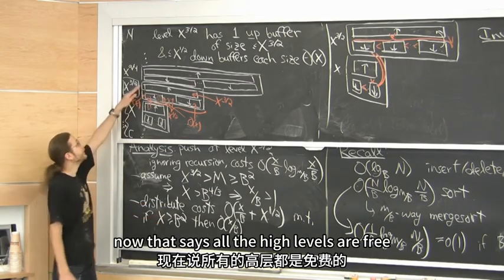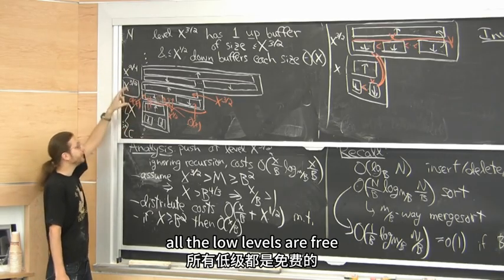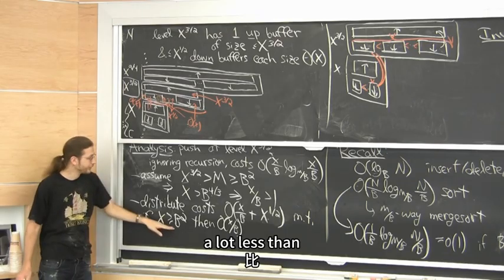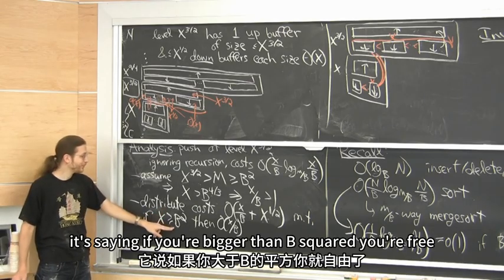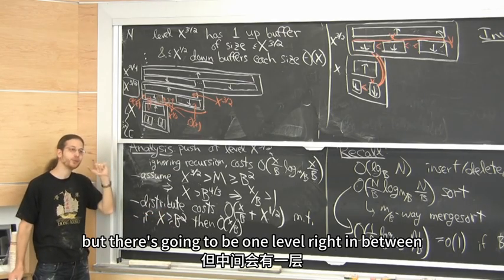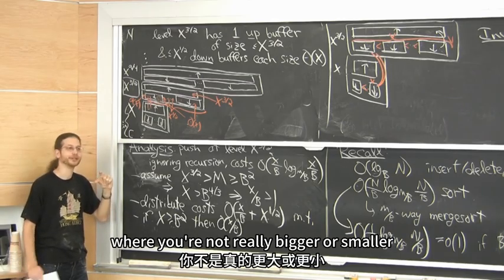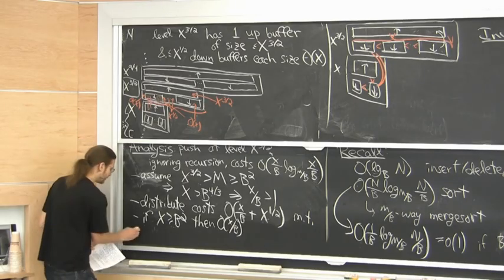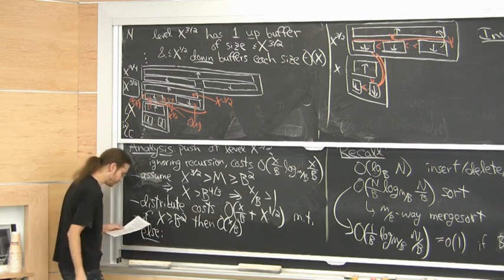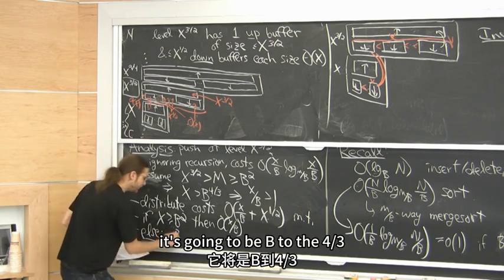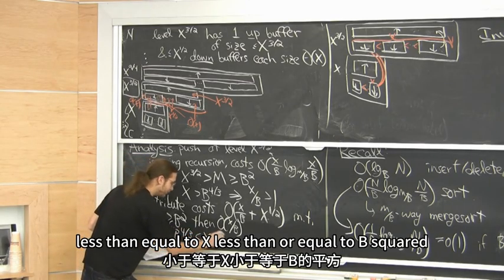Now that says all the high levels are free. All the low levels are free, right? If you're less than B squared, then you're less than M and you're free. It's saying if you're bigger than B squared, you're free. But there's going to be one level right in between where you're not really bigger or smaller. So there's one level where it's going to be B to the 4/3 less than or equal to x less than B squared.